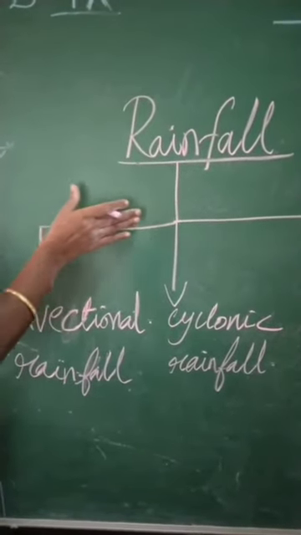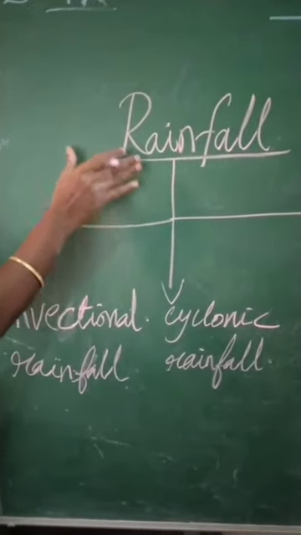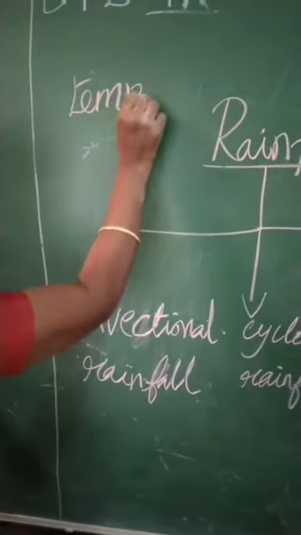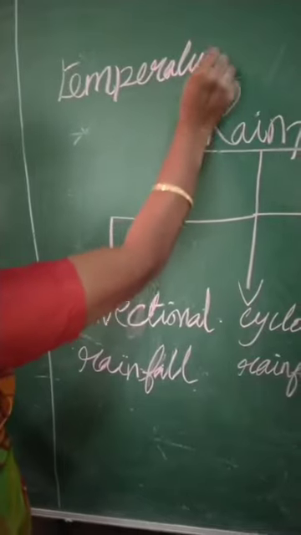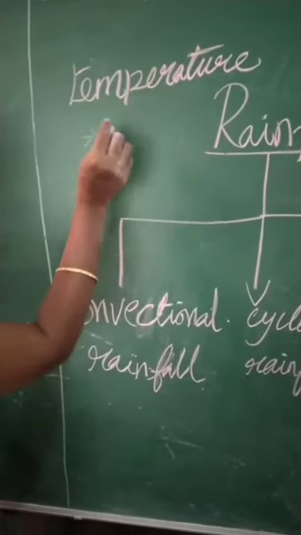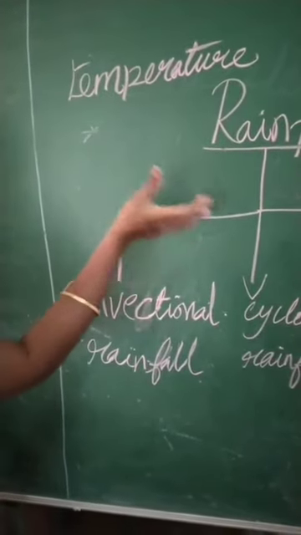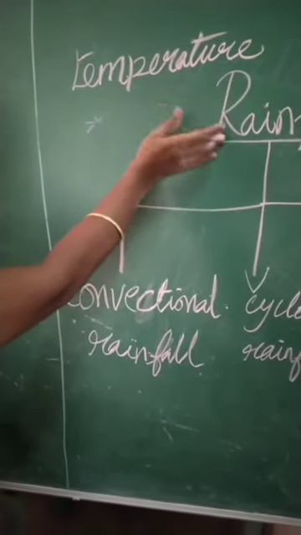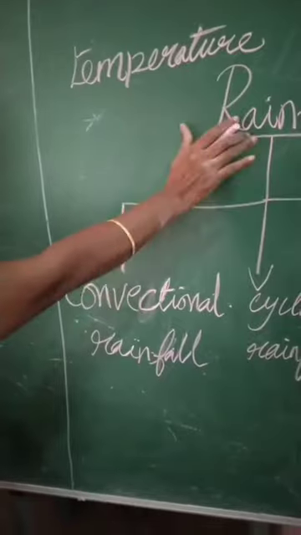There is a close relationship between temperature and rainfall. Students, they are easy to understand. There is a close relationship between temperature and rainfall distribution.